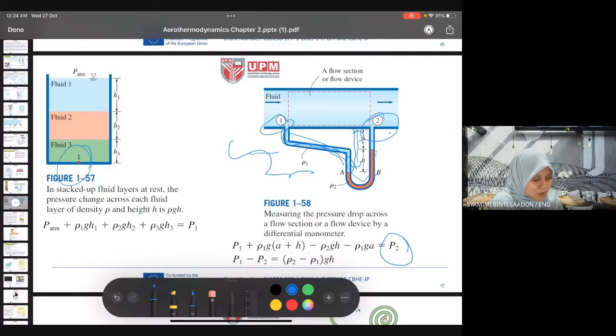Because this in red here is a different fluid, so different density. Fluid number 2, density rho 2, and back to rho 1. So it's like plus and then minus, minus. And then you get the pressure at point 2.